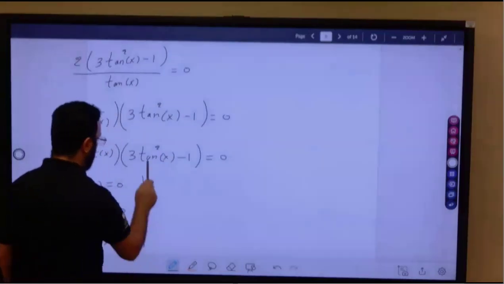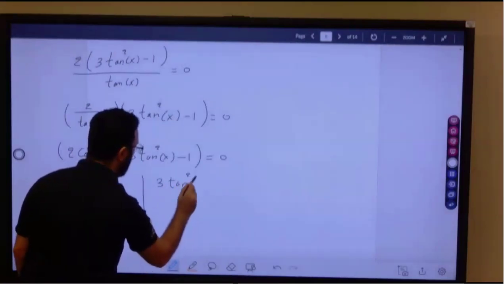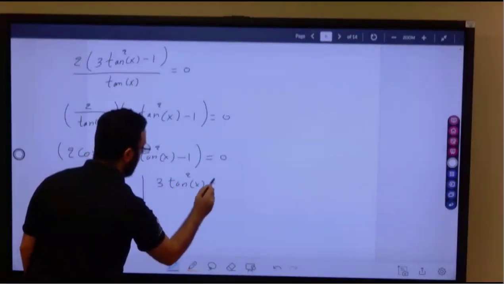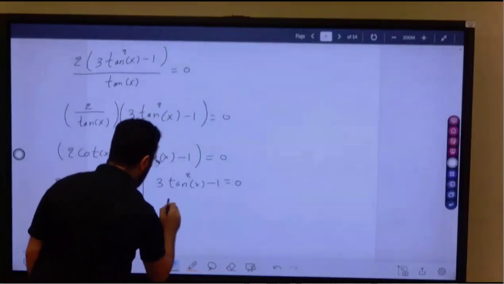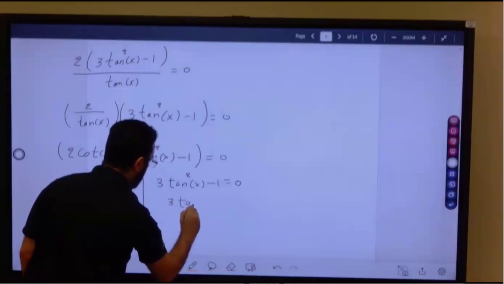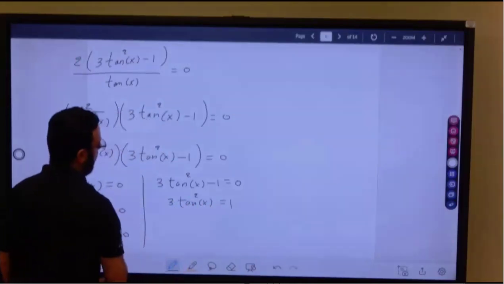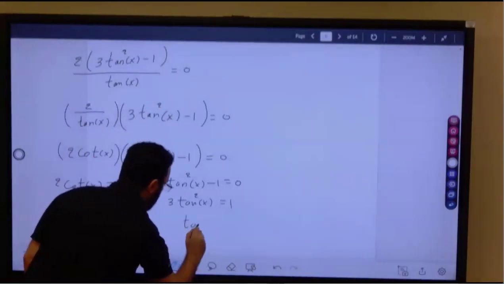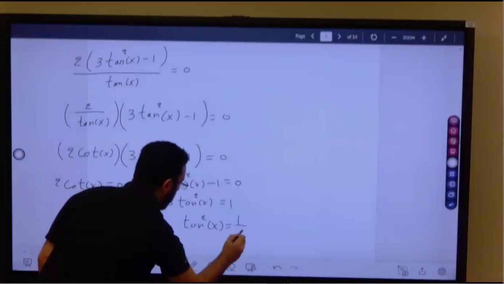Now the next one, we need to solve this one. So 3 tangent square x minus 1 equals 0. Then move the 1, it's going to be 3 tangent square x equal 1. Then divide both sides by 3. So tangent square x is going to be 1 over 3.